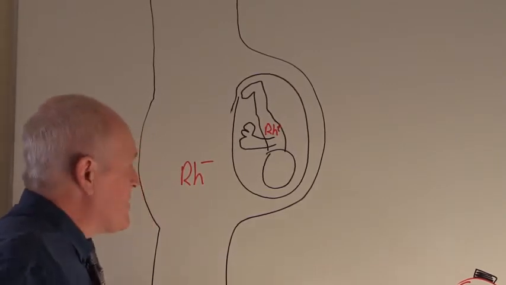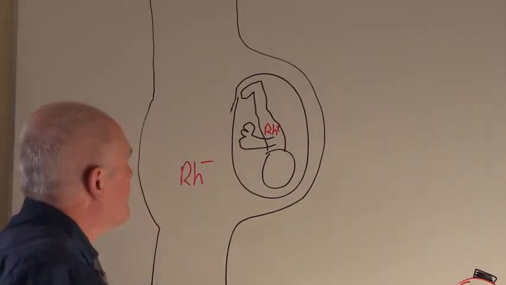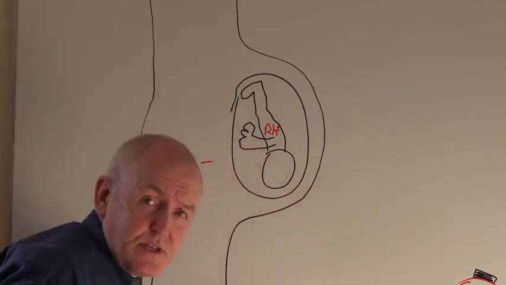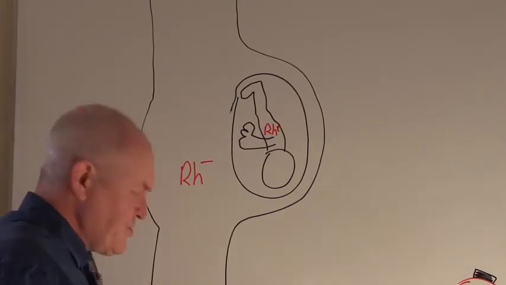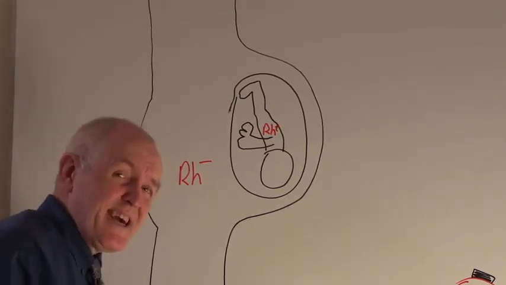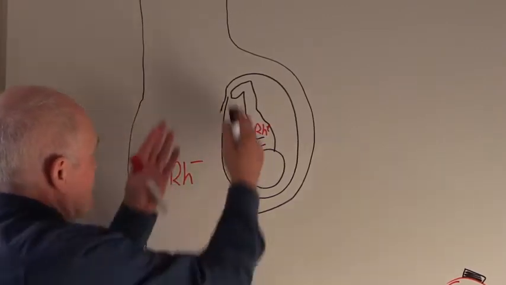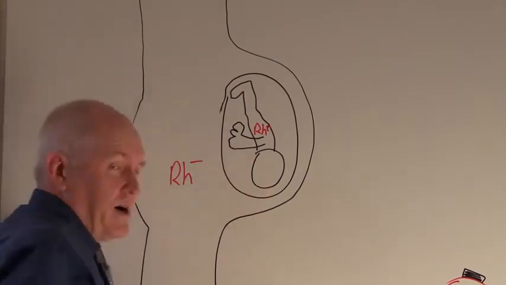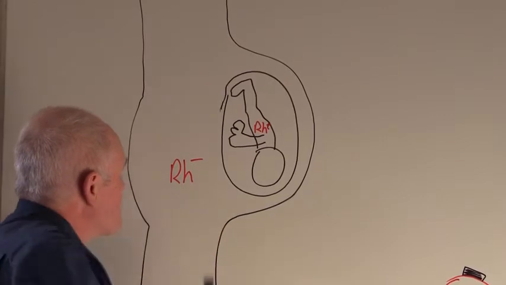Now the risk is that we get feto-maternal hemorrhage, blood leaking from the fetus into the maternal circulation. Now, this doesn't usually happen in the first part of pregnancy, but it can happen towards the end of pregnancy. But during delivery, it's guaranteed that some of the fetal blood via the torn placenta is going to get into the mother.